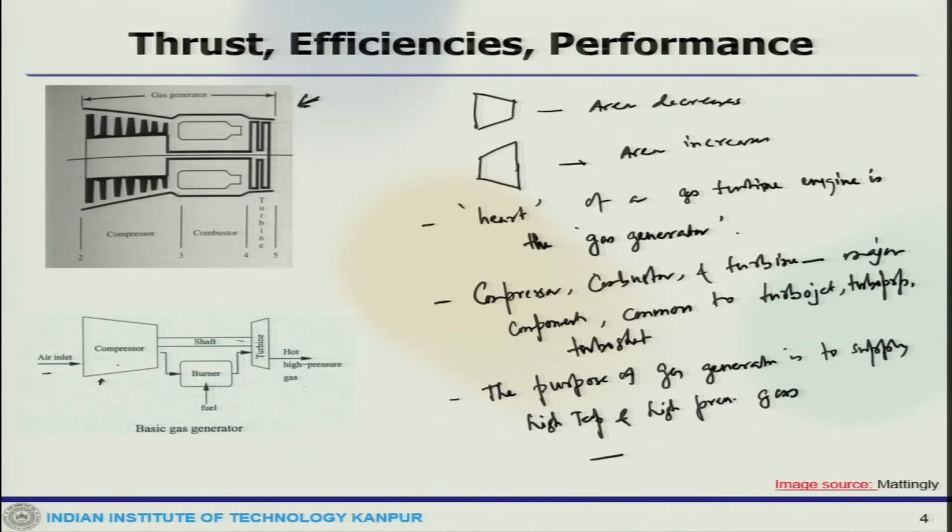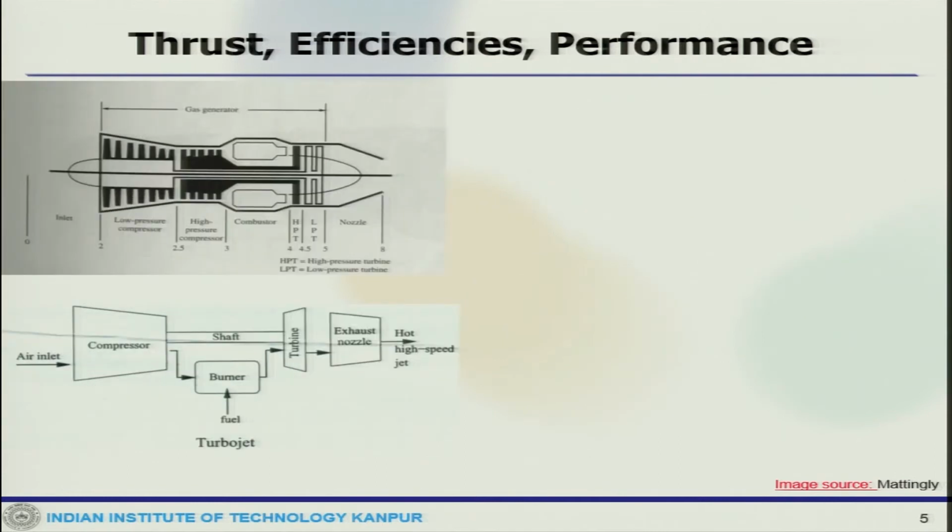Now, when we have a basic gas generator, you can see how the development or the proceeding added components can make things complicated and enhance the capability. Now, with this basic gas generator, let us say we add an inlet and a nozzle to the gas generator.